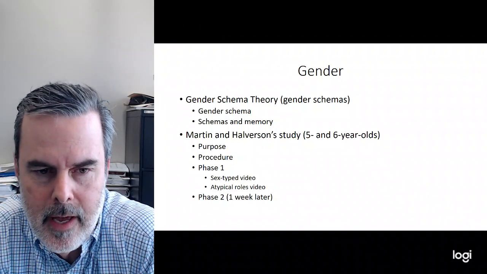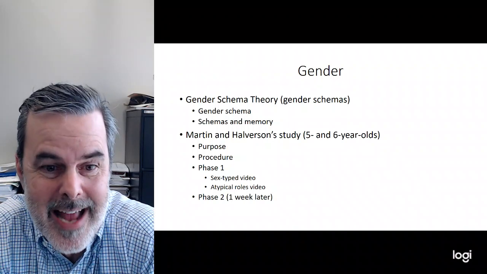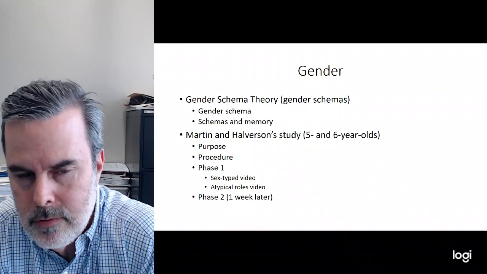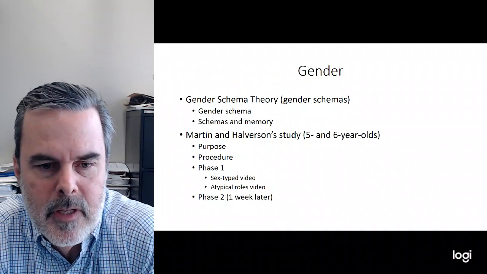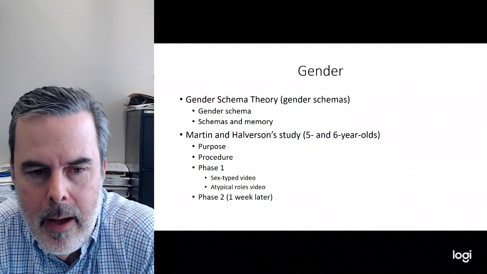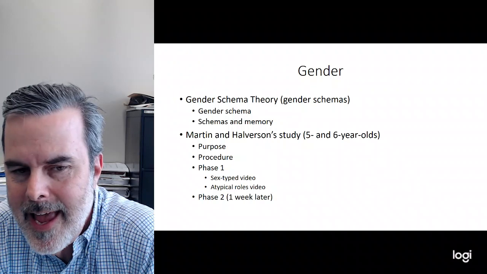That is, apparently the kids in the atypical roles condition had distorted their memories over the course of 1 week, or were distorting their memories to be consistent with the gender schemas, but were inconsistent with what they had actually seen.